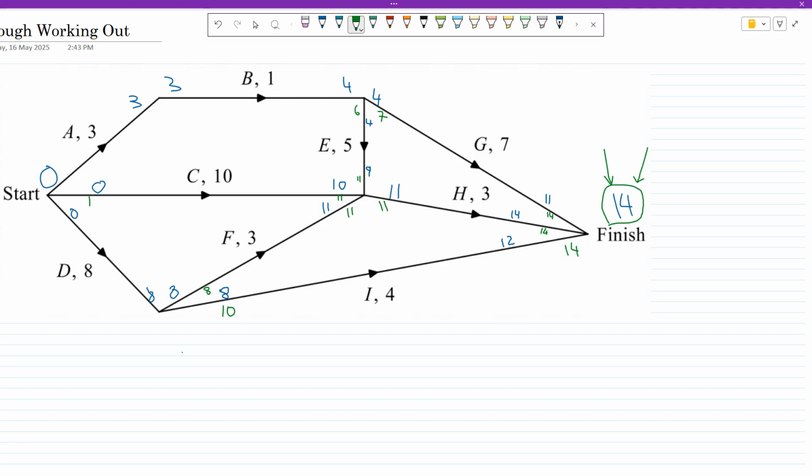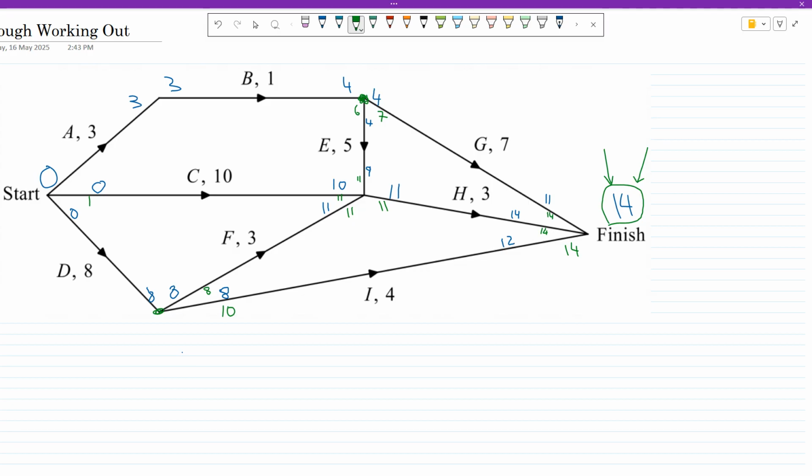Okay. Where am I up to? Okay. So I'm up to basically this node. And I'm up to this node. Alright. So, looking at the top node. If I have to start G by day 7, and I'm going to start E by day 6, when must I finish B?